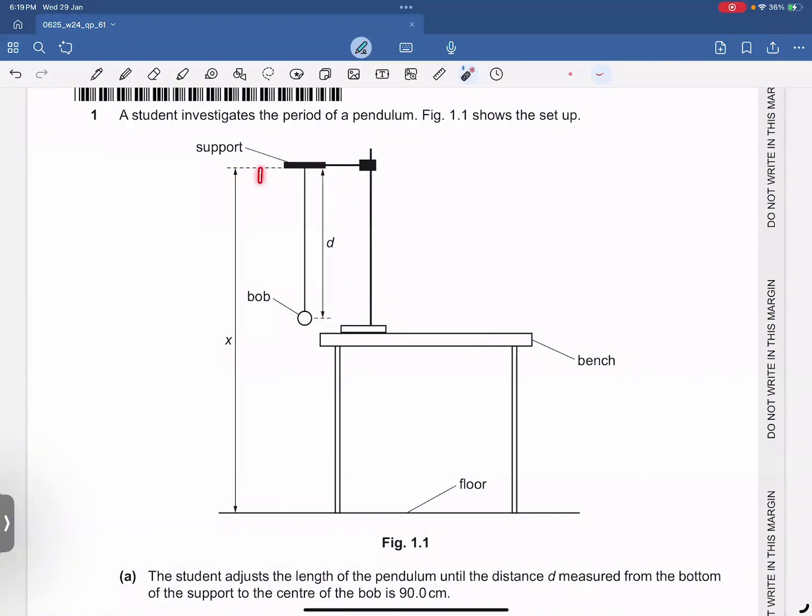For example, you want to place a meter rule, so it is not easy to set exactly in vertical position. So what can you do? One option is here on the bench, you can use a set square, and then you can align the meter rule next to the set square. It will be 100% vertical. Or you can hold the meter rule as close to the string or the bob as possible. I will write both of them.